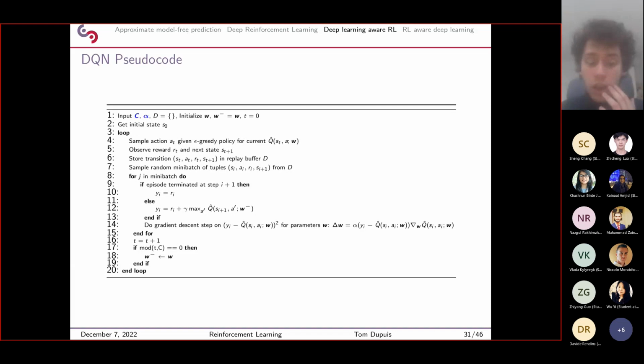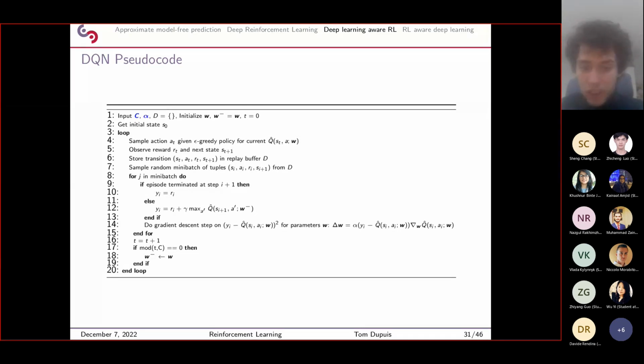So you shouldn't add this gamma max term in the target, because in this case, you know for a fact that you will receive 0 rewards after. So the target return should only be R, the reward. That's why you have this dichotomy.